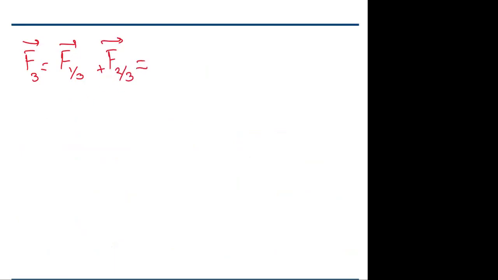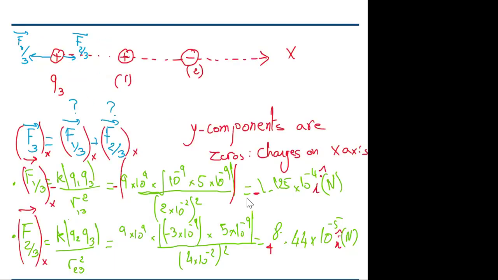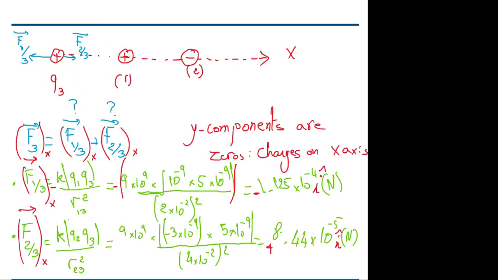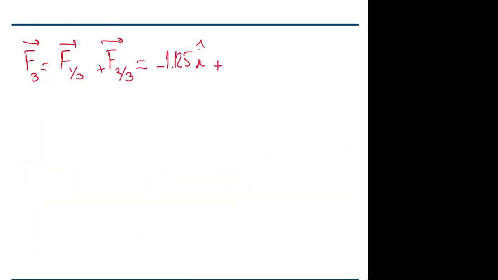So it's equal to minus 1.125 times 10 to the power negative 4 i plus 8.44 times 10 to the power negative 5 i.